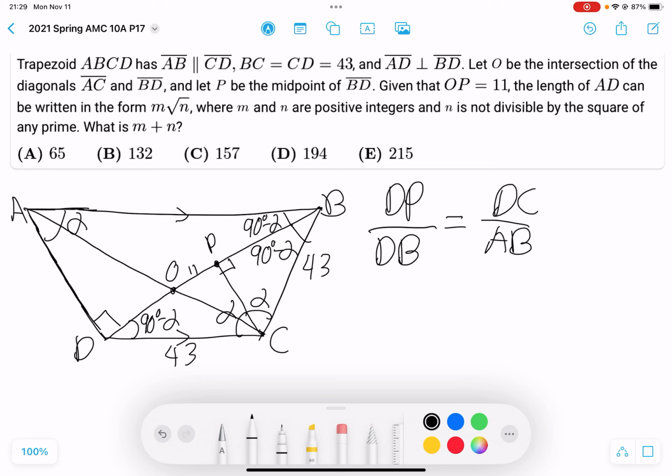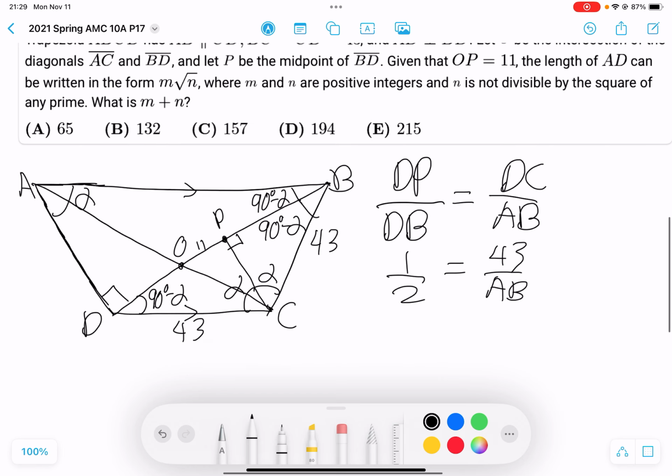So DP, however, is 1/2 of DB because P is the midpoint. So this means that DC, which is 43 over AB, is 1/2. So AB is 86, which is 2 times 43. So now we know that AB is 86.